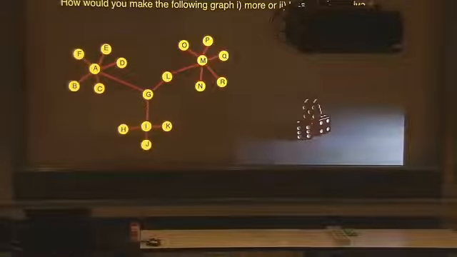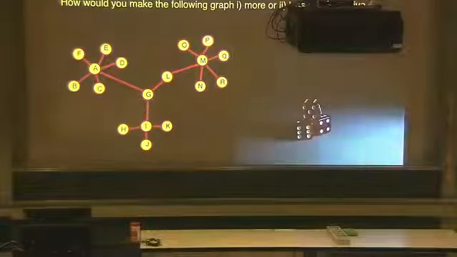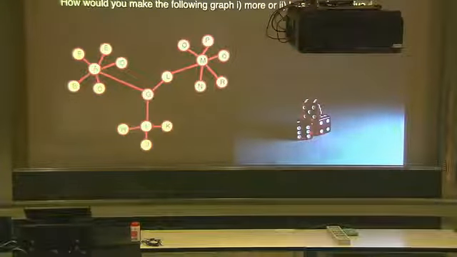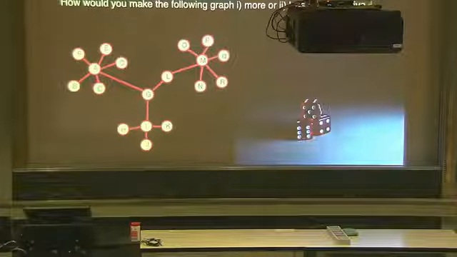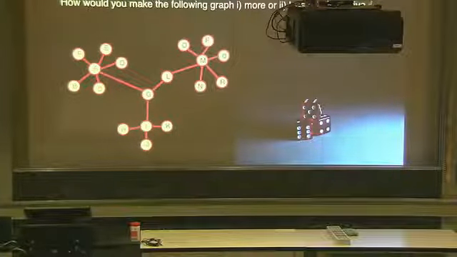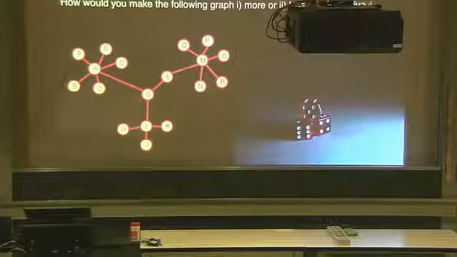Well, this is a simple activity. I won't go through that. So basically, the idea is, how would you make the graph more or less disassortative? Well, this answer might be simple. If you want to keep the assortative or disassortative nature of a graph, you need to preserve hubs. So I can add maybe another node. I can connect another node to this hub, or maybe another node here.